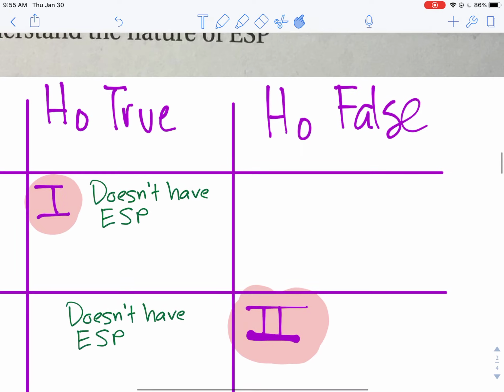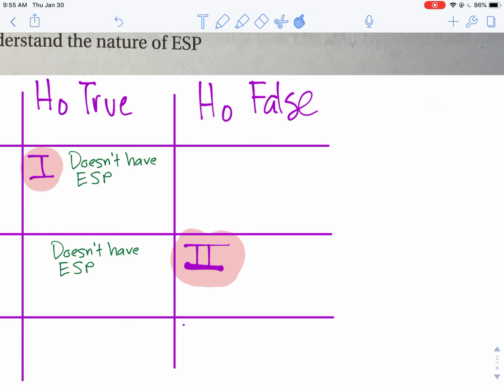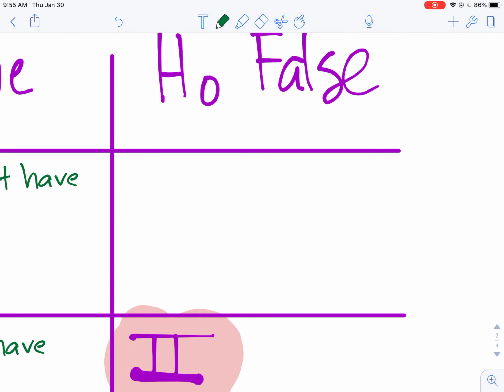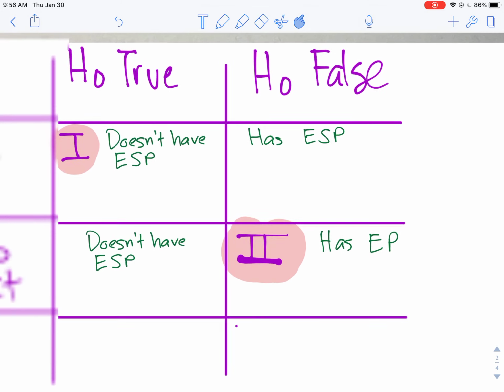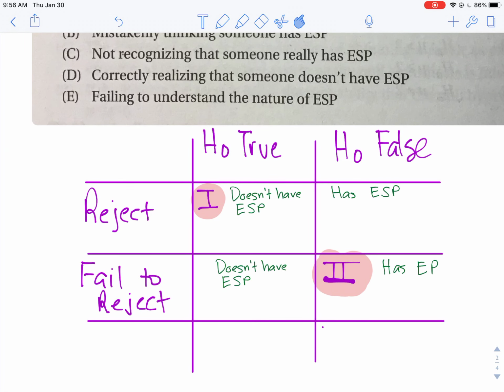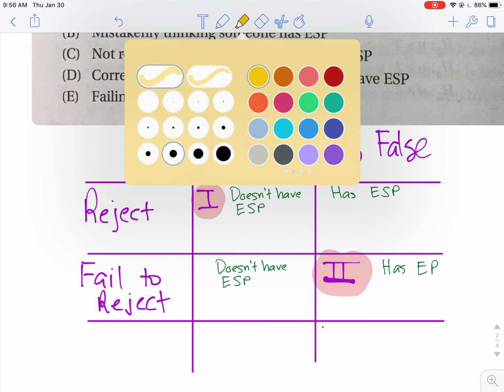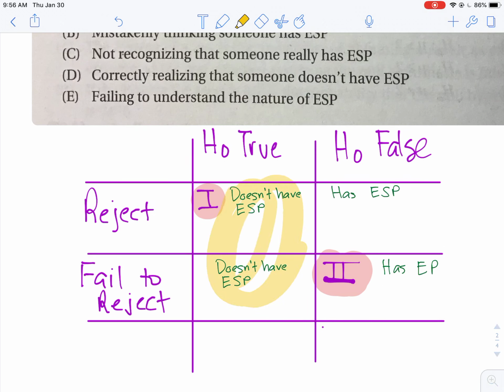Now, if the null is false, then that means, hey, the person has ESP. So I'm going to fill that in right here. So again, this gives me some context to work with. What I just did was I said, okay, if the null is true, then the person doesn't have ESP. If the null is false, then they have ESP.